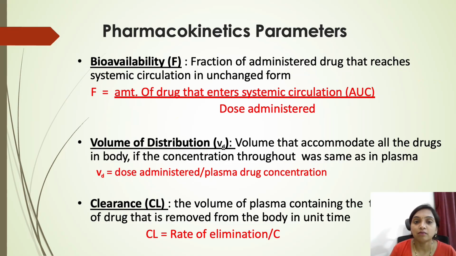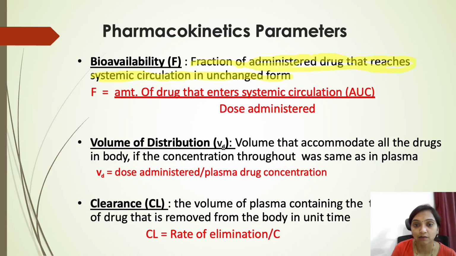So bioavailability is the amount of drug which is available at the systemic circulation from the route of administration. However much you have administered, what is the concentration of the drug present in the plasma? That is bioavailability. This is the definition: the fraction of the administered dose of the drug which will reach the systemic circulation for its action in the unchanged form.